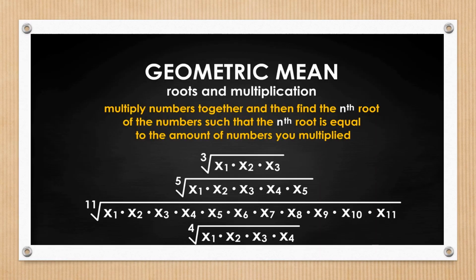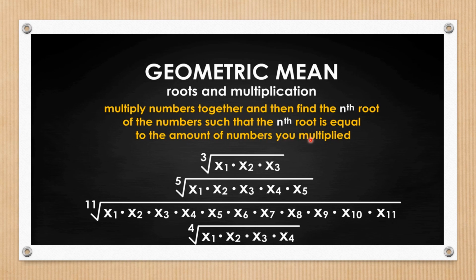Let us understand what is geometric mean. For finding the geometric mean, you need to multiply the numbers together and then find the nth root, such that the root is equal to the amount of numbers you are multiplying.